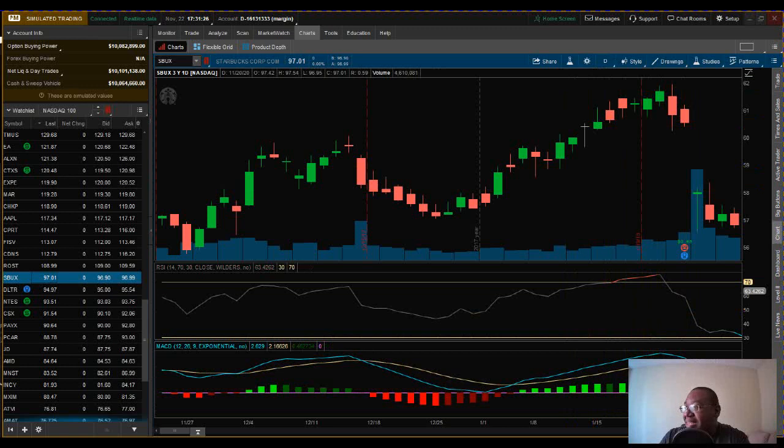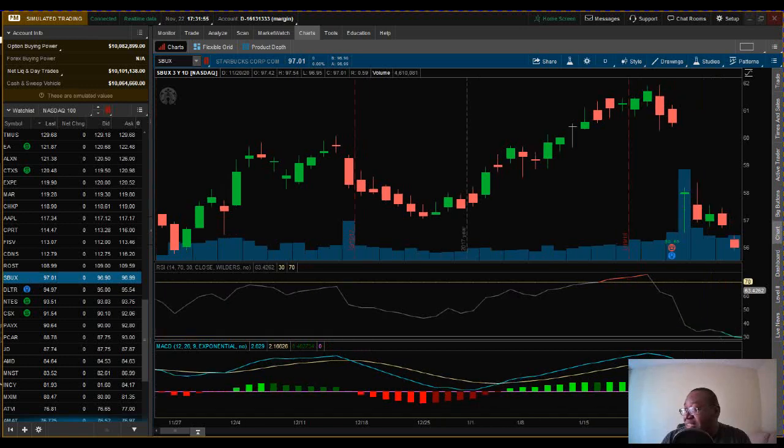All right, so right now we're actually in a good time to go in, because looking at the RSI, the stock is being oversold, right? And also looking at the MACD, we see that this is probably the rock bottom here for this stock. So let's move this one day forward. Oh, still going down.